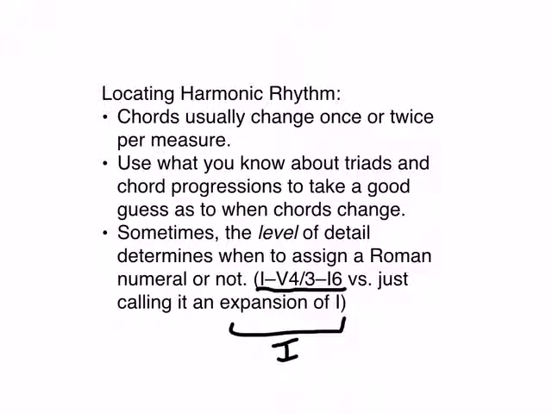In this case, it's a close call as to whether the 5-4-3 is just a kind of embellishment or whether it's its own harmony. You can determine which level of detail you would like. Generally, I would like a fairly good level of detail, but sometimes you're digging too much.